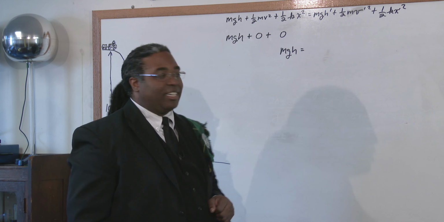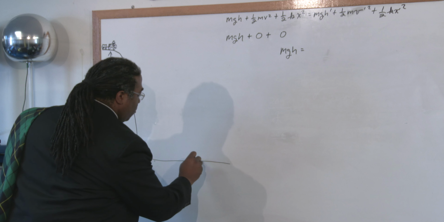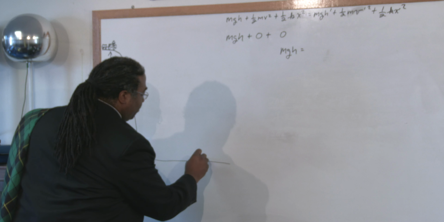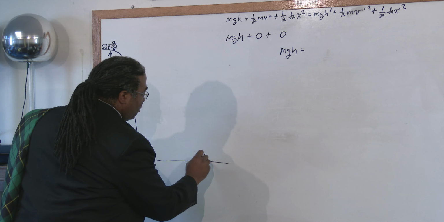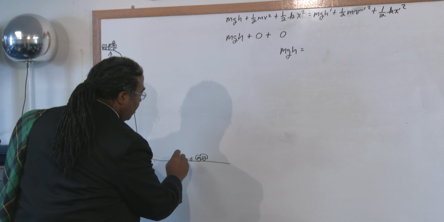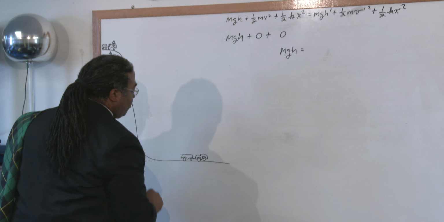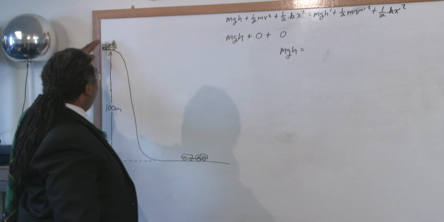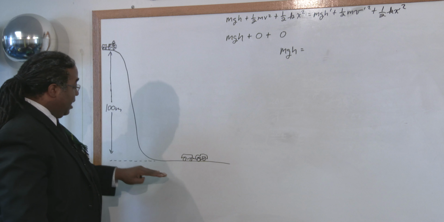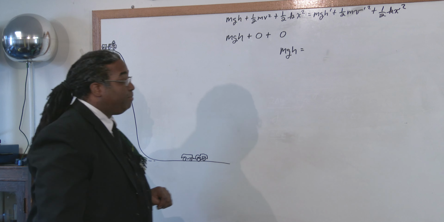Now let's look at the final conditions. When the roller coaster gets to the bottom, of course it will have sped up. So now it's converted all of its potential energy into kinetic energy.